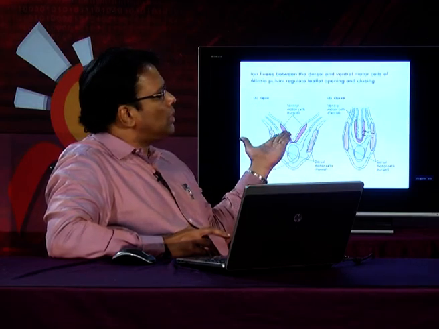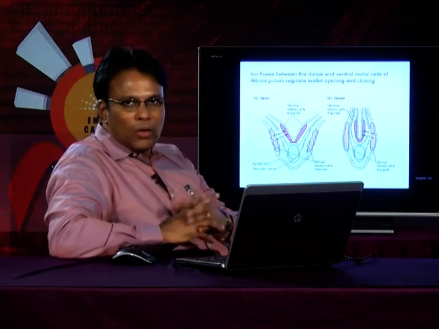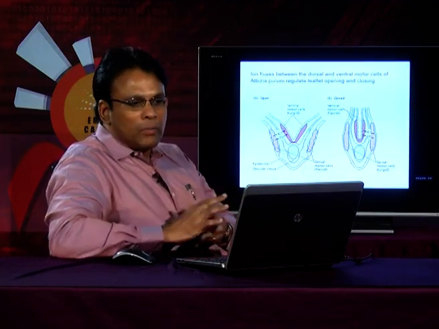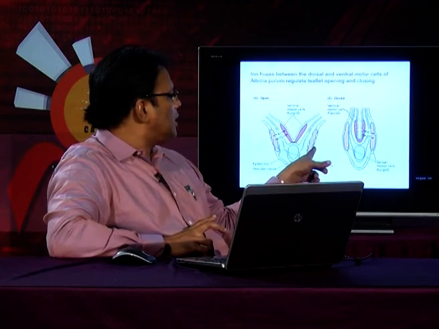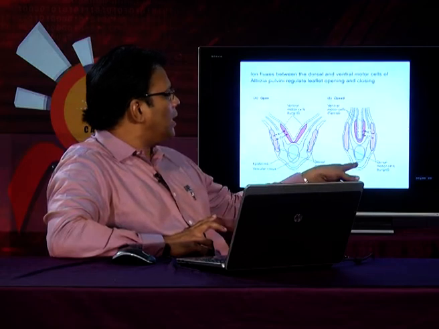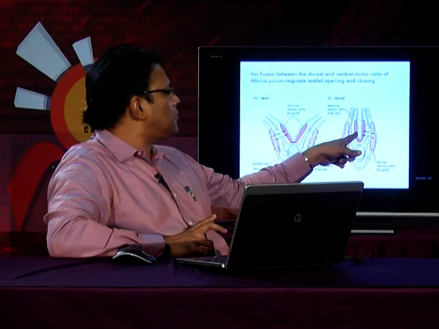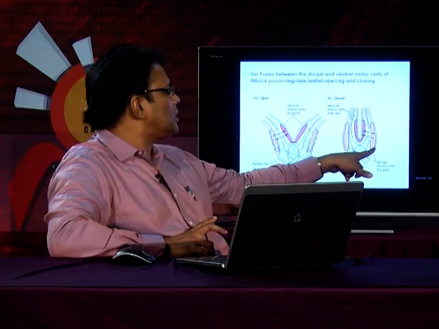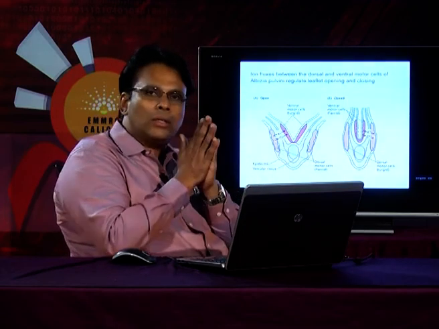So, this happens during the light situation when the leaves have to be opened. Leaflets are open, the ventral motor cells are turgid, and the dorsal motor cells are flaccid. In the evening, the reversal of this happens, that is, the ventral motor cells become flaccid and the dorsal motor cells become turgid, and based on that the leaflets close.